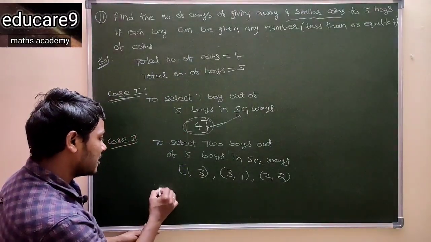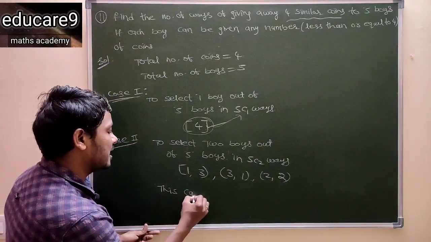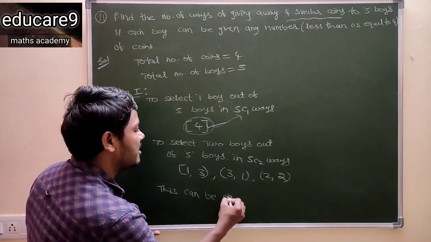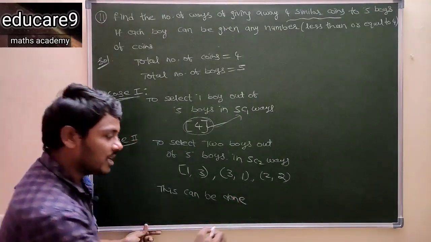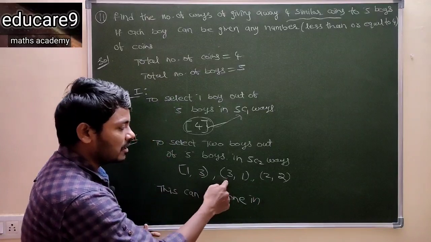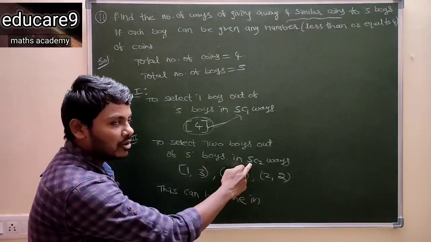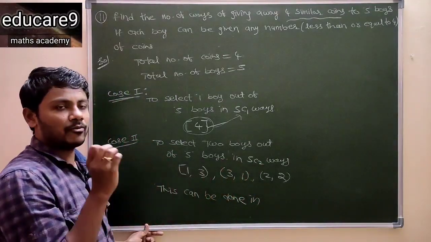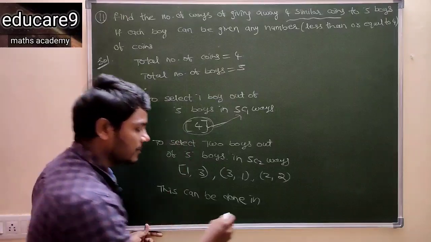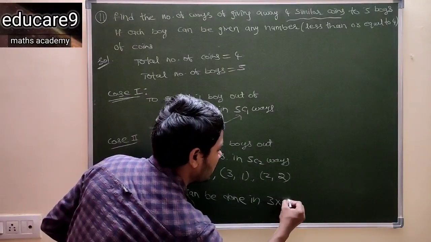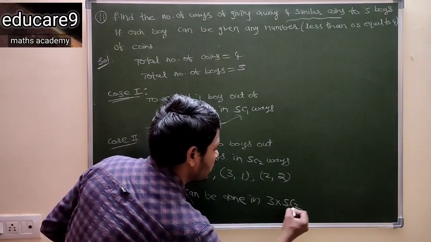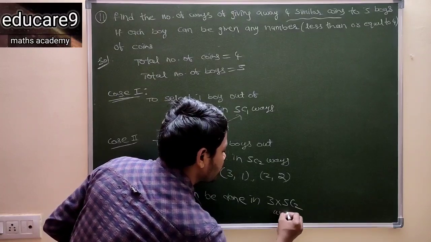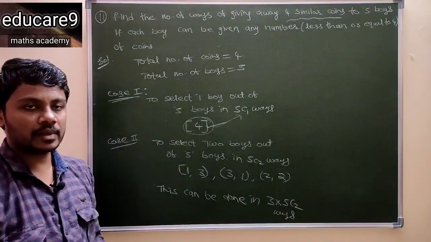Therefore, this can be done in 3 into 5C2 ways. Okay, and case 3.